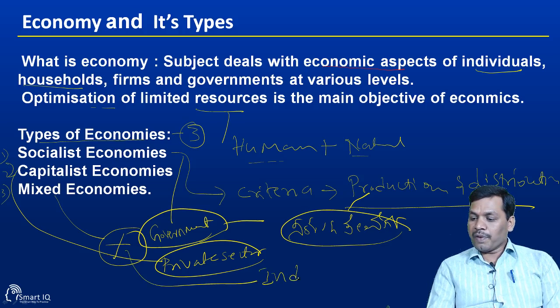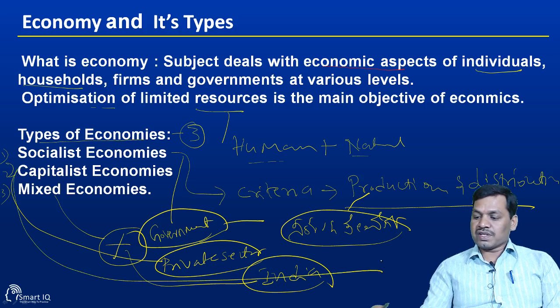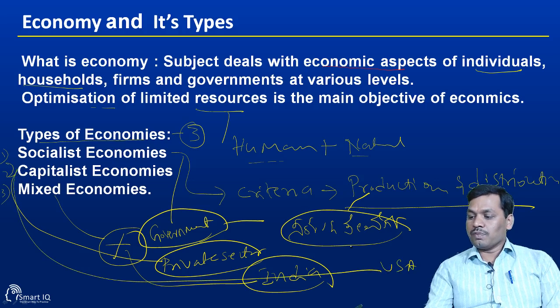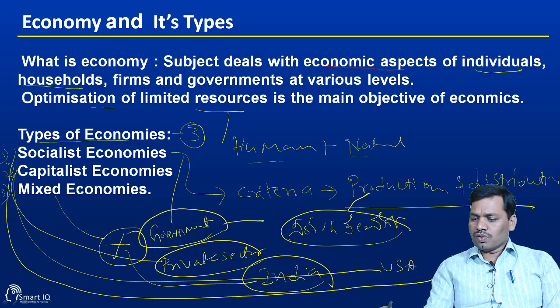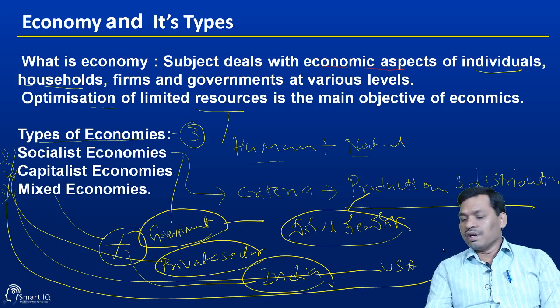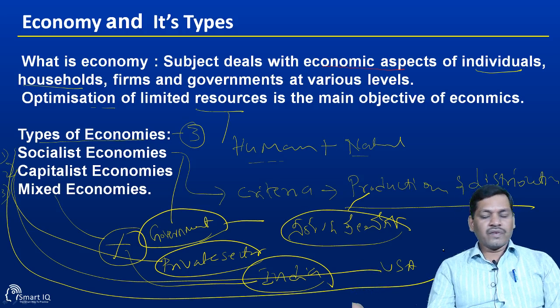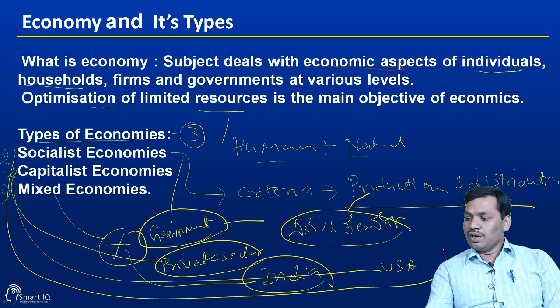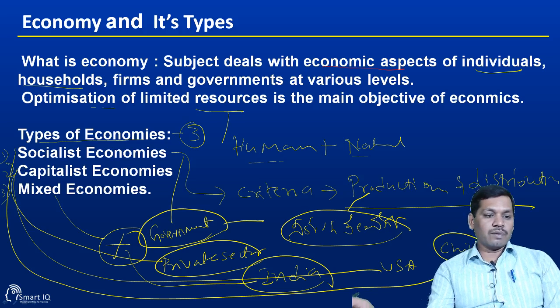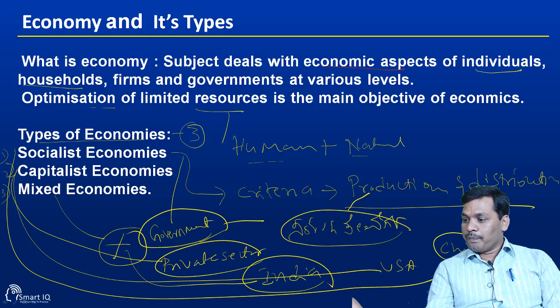India is the best example for the mixed economy, and USA is the best example for capitalist economy, and relatively, for the socialist economy, literally no country in the world has only government, relatively more government sector. So China, or if you want to take the best example, previous to 1991 USSR was the best example for socialist economy.